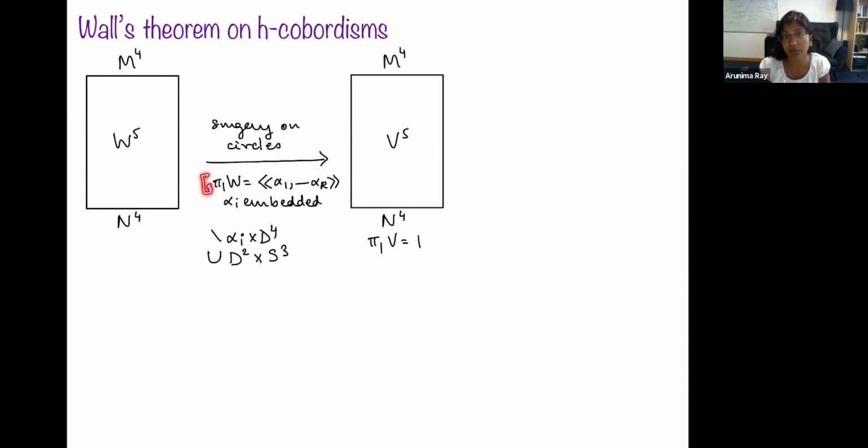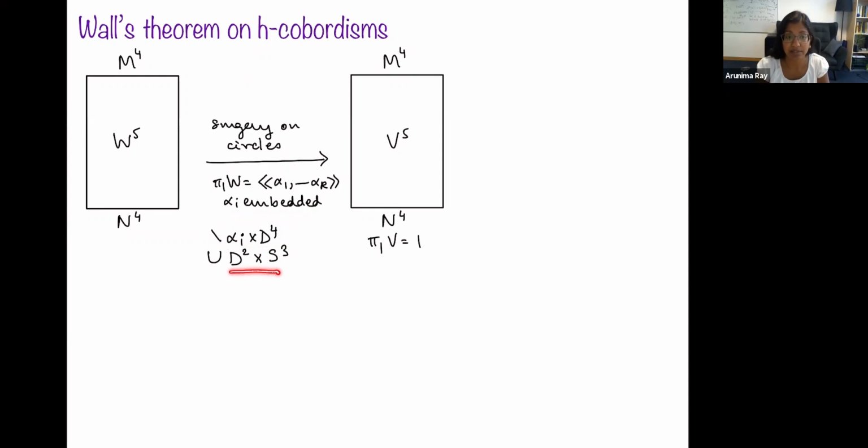inside of the 5-manifold. So for each of these embedded normal generators of the fundamental group, I'm going to do surgery. What surgery means is I'm going to take a little neighborhood of each alpha i, which looks like S1 cross D4. I'm going to remove that from my manifold W, and I'm going to glue in a D2 cross S3. You should check that these two manifolds have the same boundary.